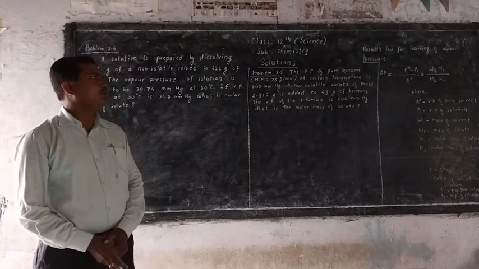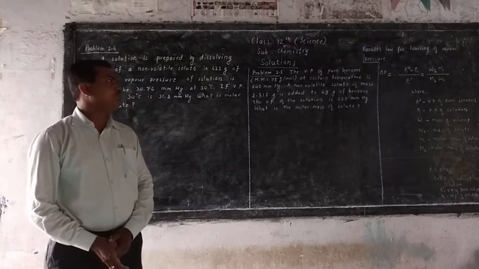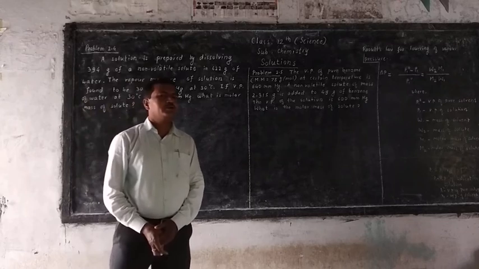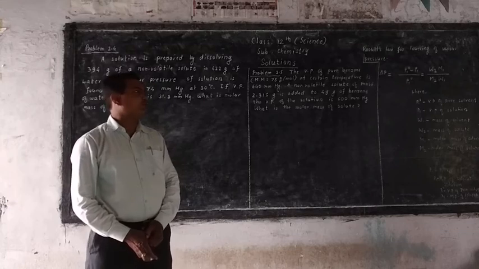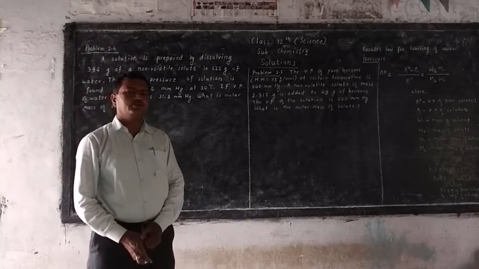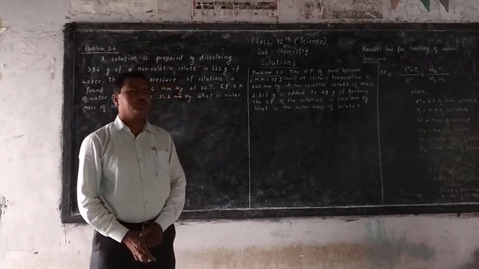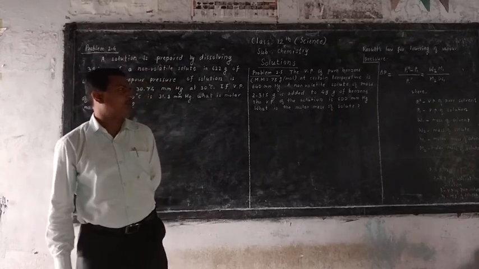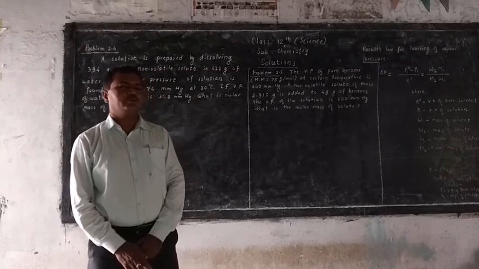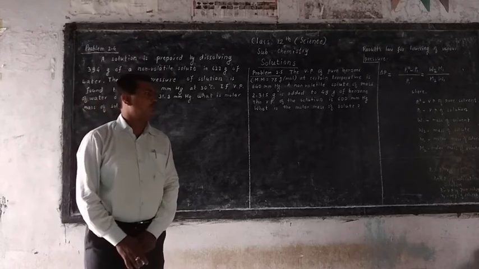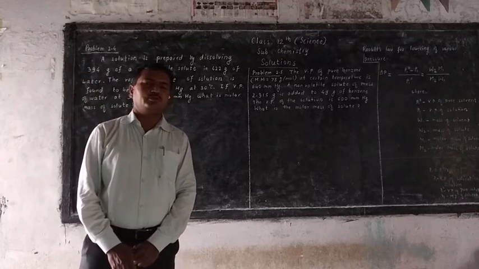We have studied a formula by using Raoult's law for lowering of vapor pressure. That was delta P is equal to P10 minus P1 upon P10 is equal to W2 into M1 upon M2 into W1, where P10 was vapor pressure of pure solvent, P1 vapor pressure of solution, W1 mass of solvent, W2 mass of solute, M1 molar mass of solvent and M2 molar mass of solute.